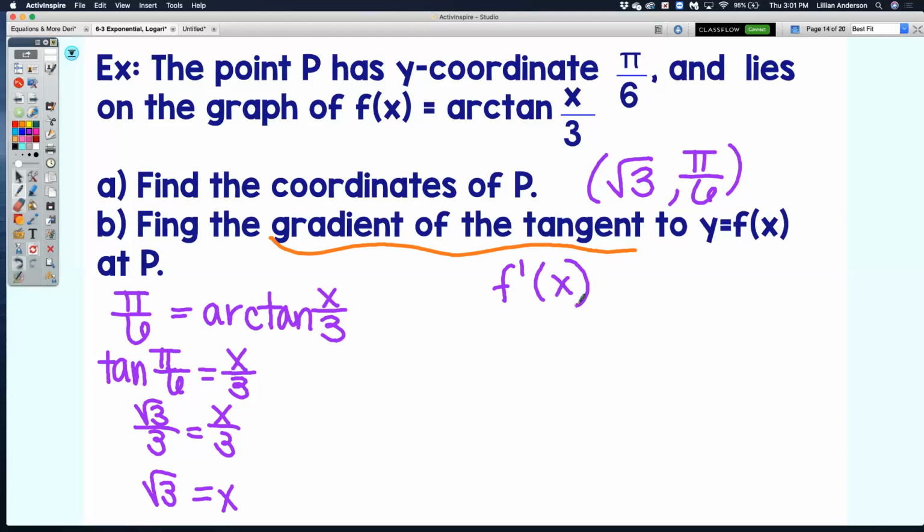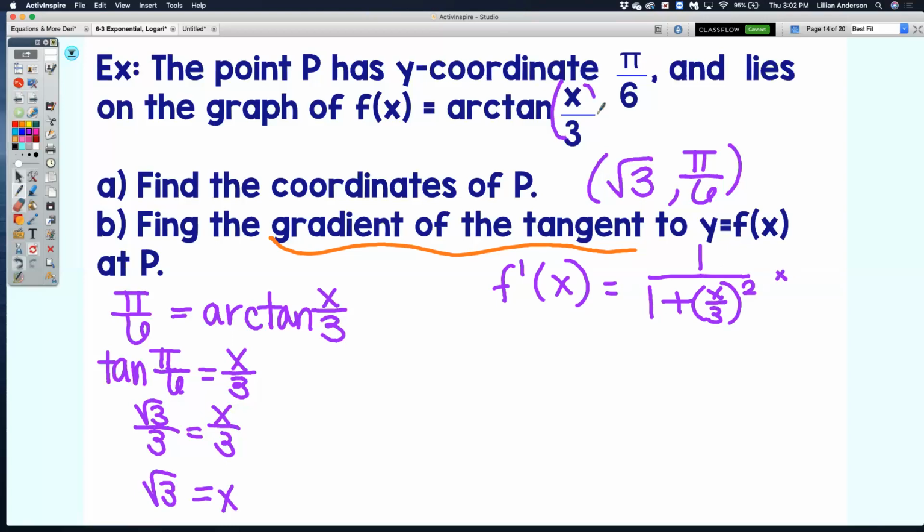If we look at the rules for arctangent, we also have to apply the chain rule because it's not just x, it's x over 3. So the derivative of arctangent is 1 over 1 plus the argument squared, but I'm going to put x over 3 instead of x. Then I multiply that by the derivative of my inside, x over 3.